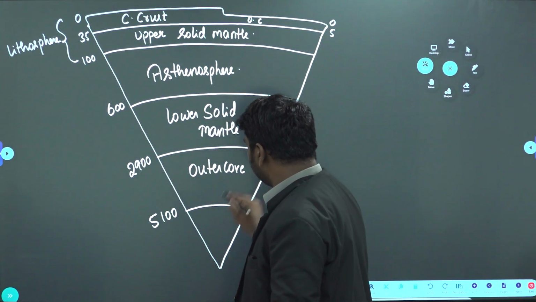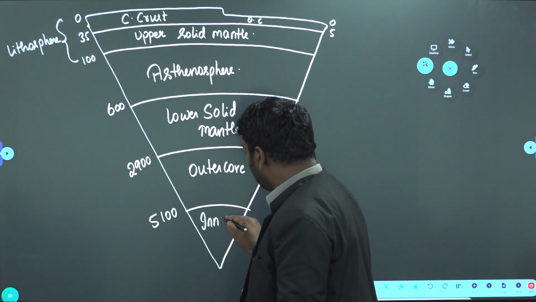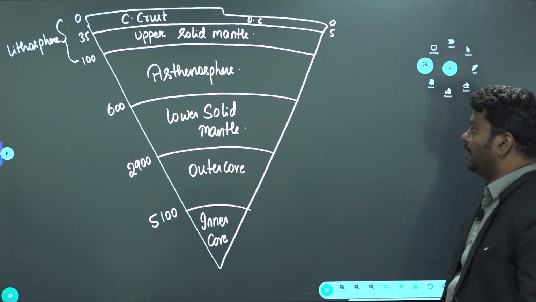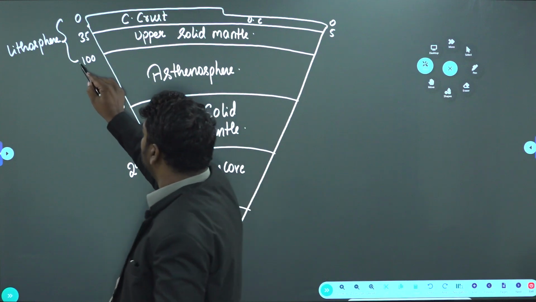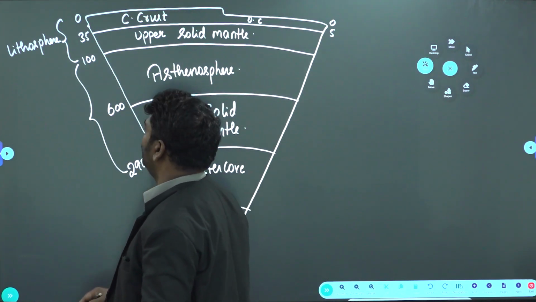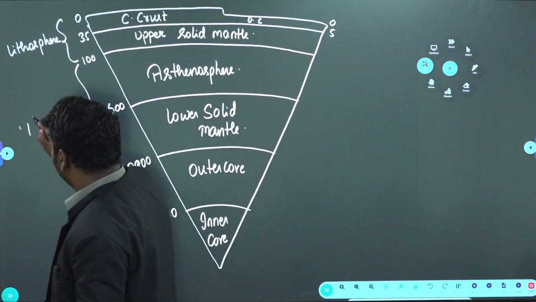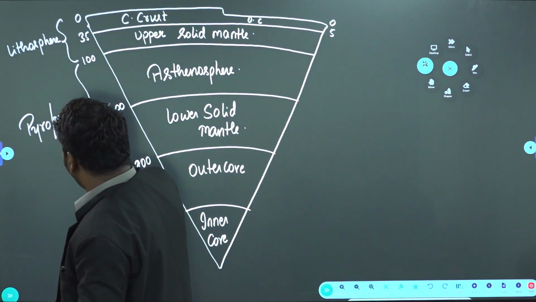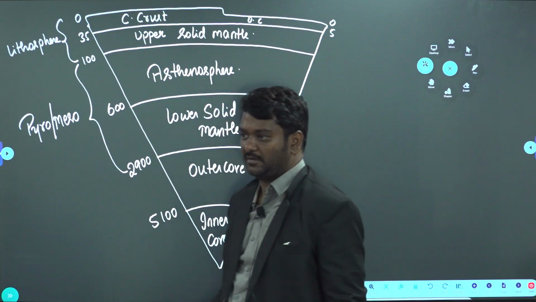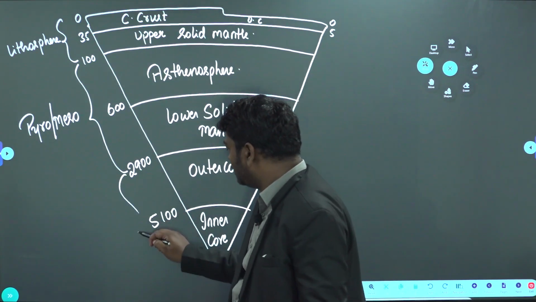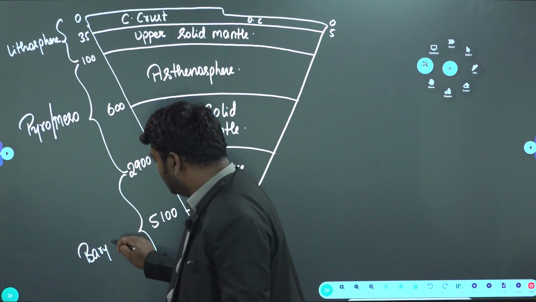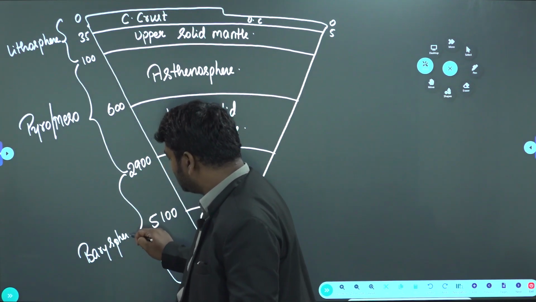Outer core, and then you will have inner core. What is this called as, guys? Asthenosphere and lower solid mantle, pyrosphere or mesosphere. Fine. Below this is called as what? Barysphere. Names. Barysphere.